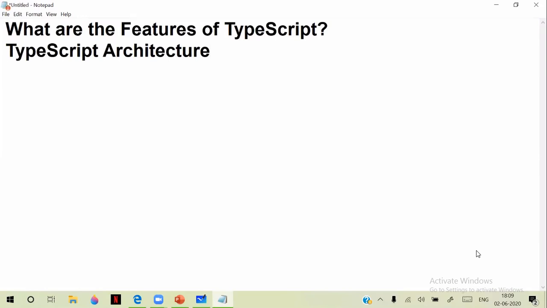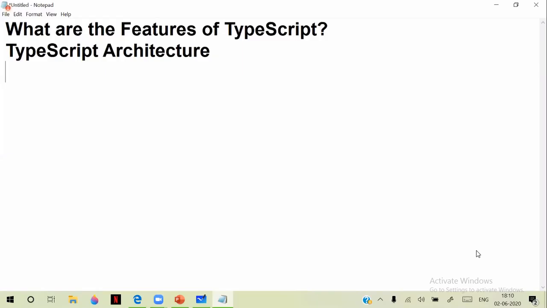So how does TypeScript actually work? What is the infrastructure of TypeScript?